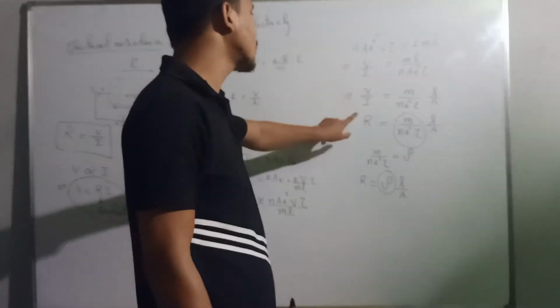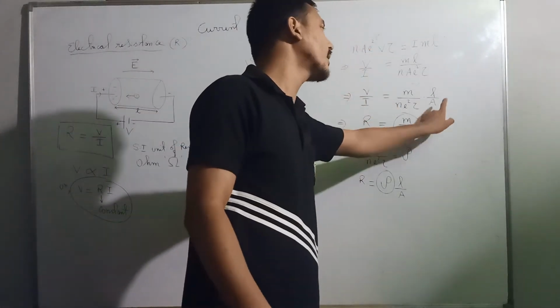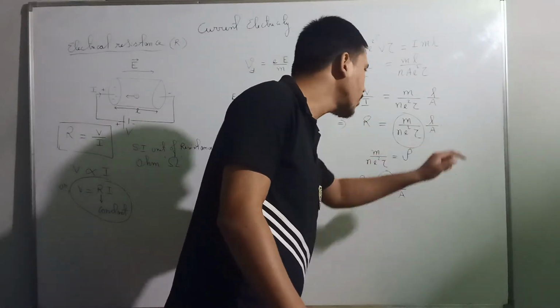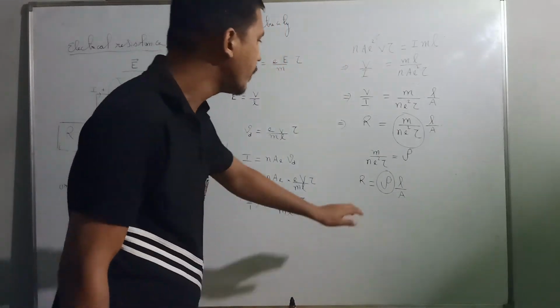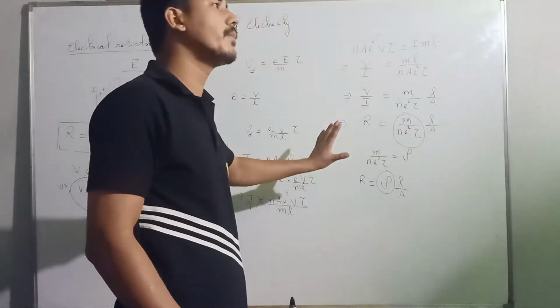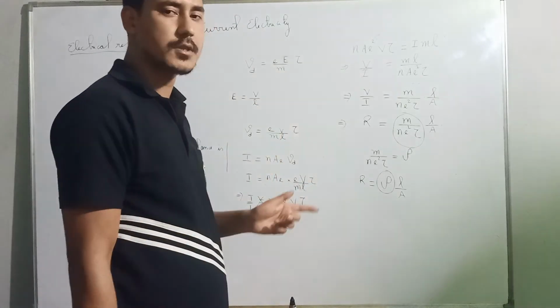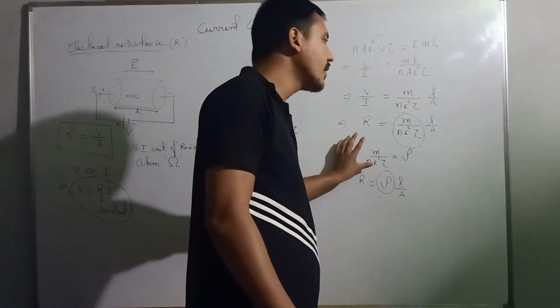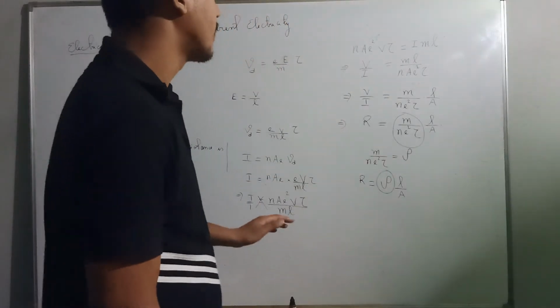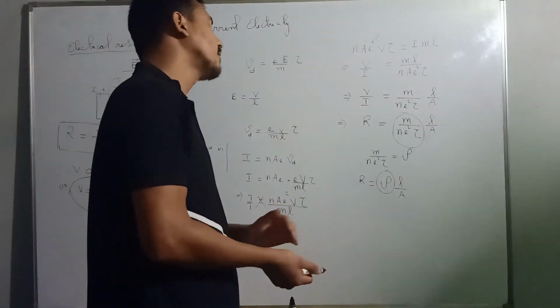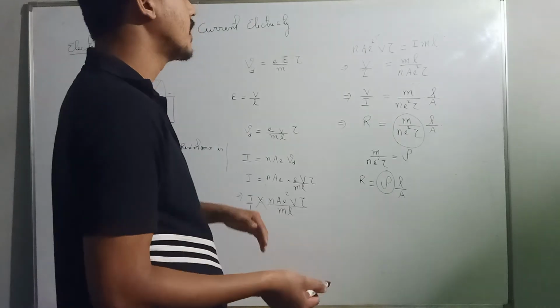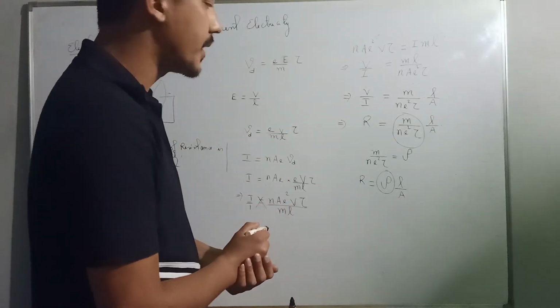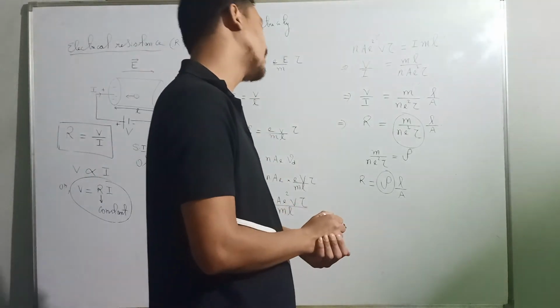Here your resistance depends upon length and area of cross-section, but your resistivity is independent of the length and area of cross-section. Your resistivity is a constant quantity, and its value depends upon the nature of the material and the temperature of the material.